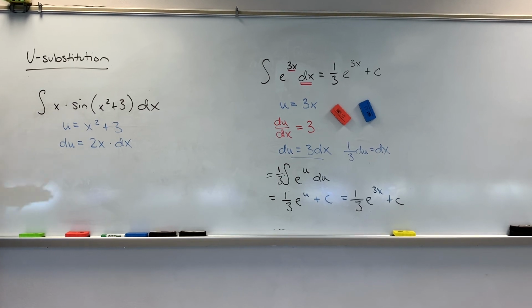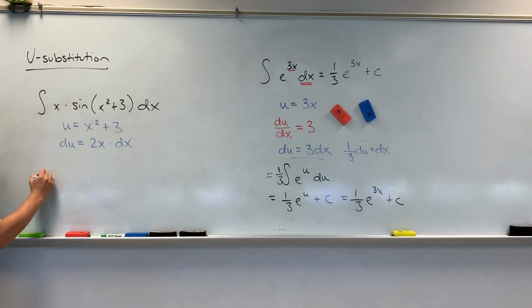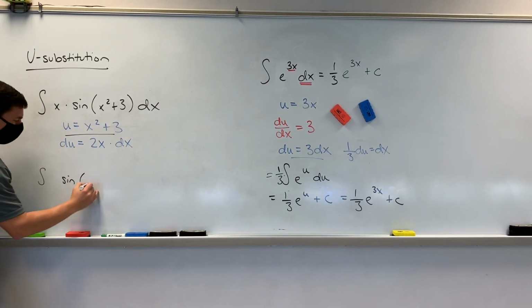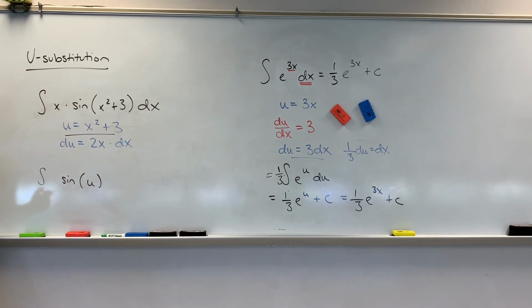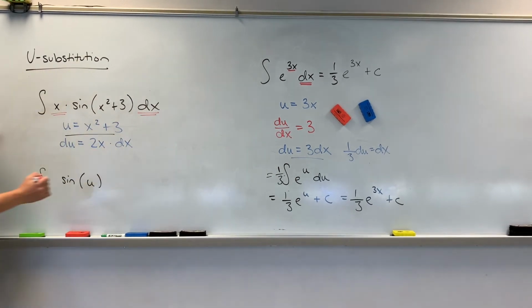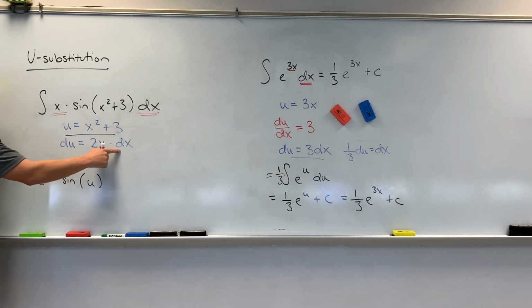Okay, so I got u, I got du. Let's start to make some substitutions. I have the integral of, well, let's see, sine of x squared plus 3, that's just u, so I can get rid of that. But I still have this x and this dx running around. du equals 2x dx.